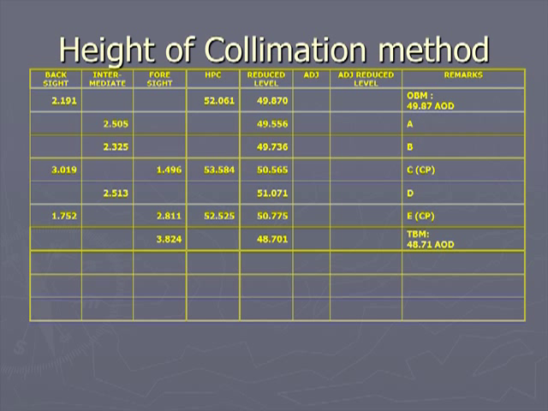Now, the problem is that in leveling there is an allowable misclosure. That means that if our misclosure is less than or equal to the allowable misclosure, then we can proceed to the adjustment phase. If our misclosure is higher than the allowable misclosure, we have to redo the leveling in order to get our misclosure within acceptable limits.